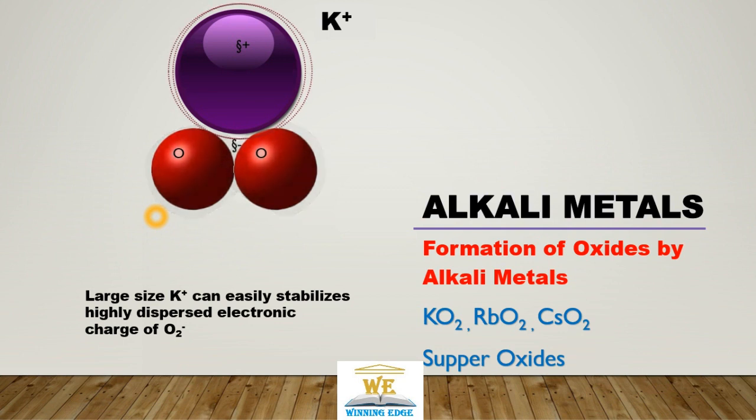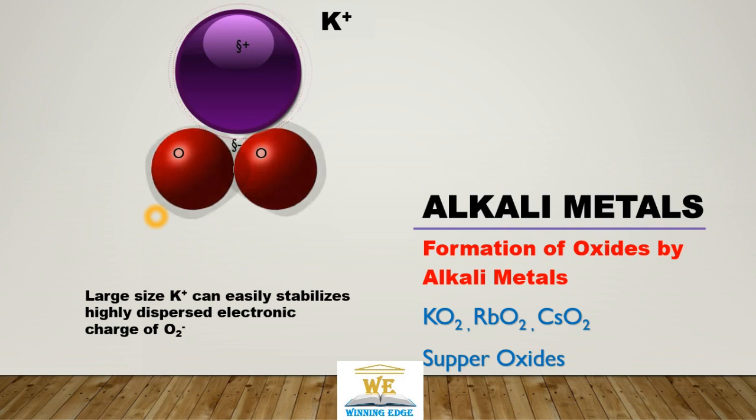So from that you can understand smaller size cations can better stabilize the high electron densities, while low electron densities or distributed electron densities are better stabilized by the larger cations, bigger size anions, bigger size cations, and having low electron density over anion.